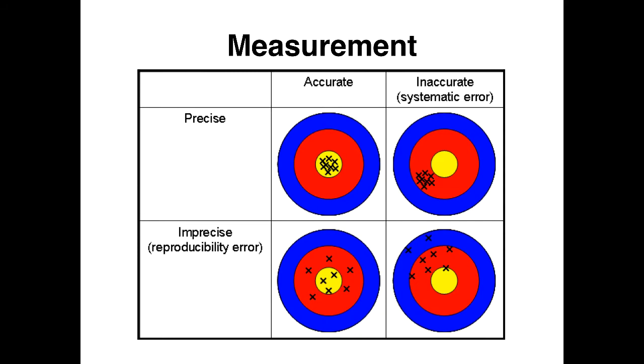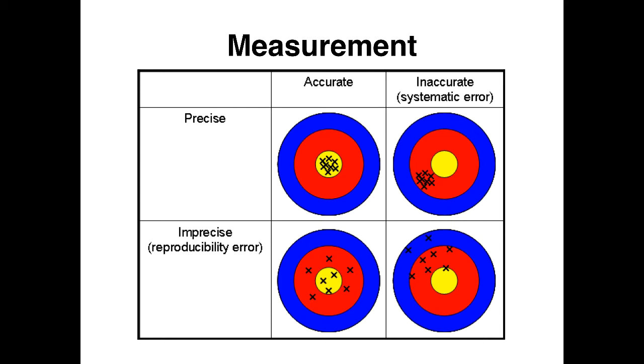So to take a look at the concepts of accuracy and precision together, you notice this 2x2 box in which on one side you have either precise or imprecise on the left, and across the top it's either accurate or not accurate. Now, accurate means it approximates the bullseye.